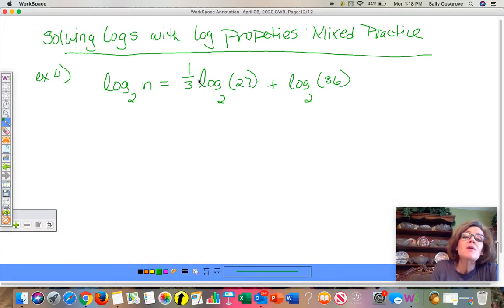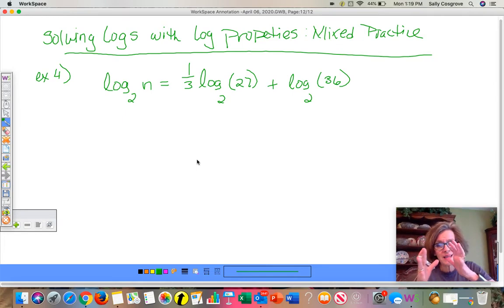So before you do the product property and before you do the property of equality, let's take care of this multiplying factor that's going to go up here and end up being a power. Let's take care of it first when we're condensing.